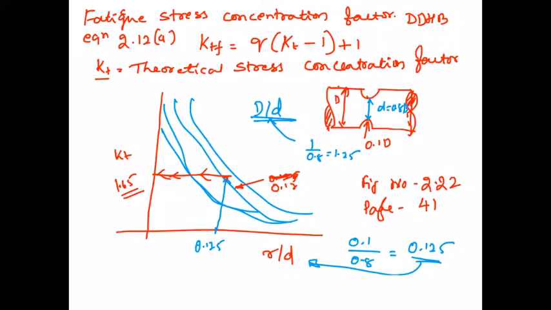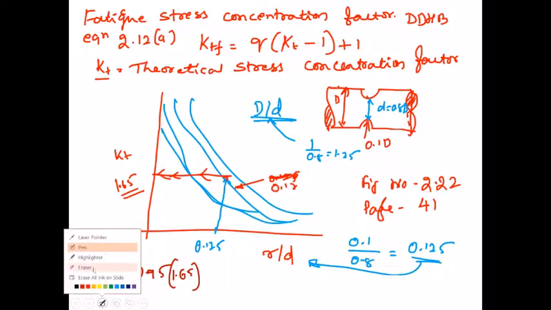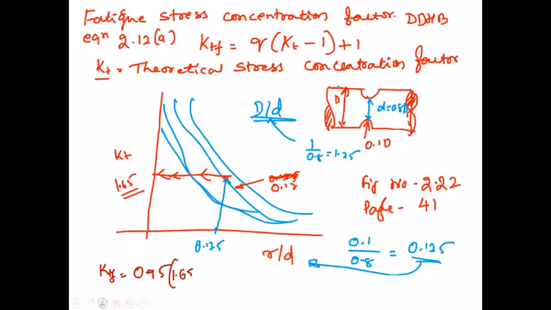So once you got the value of KT, so now let us find out the fatigue stress concentration factor. So KTF equal to Q is 0.95 here, and KT is 1.65 minus 1, plus 1.